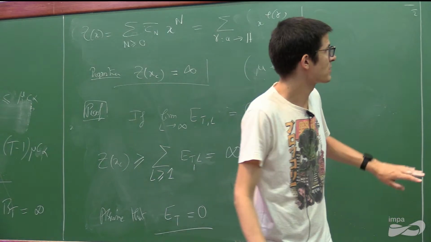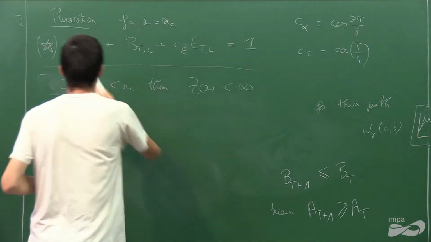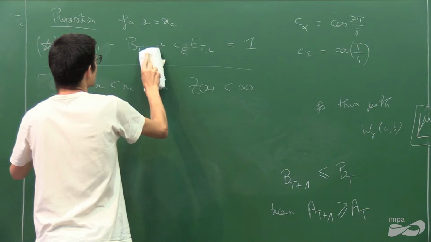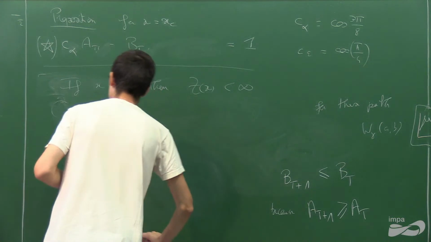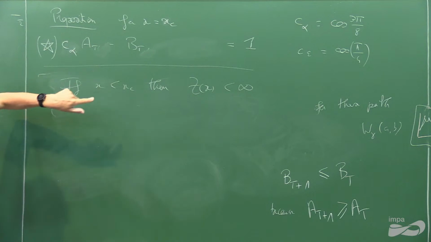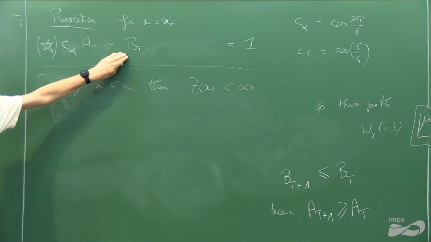Basically, we were using this identity, and a relation between AT and BT, in order to prove that BT cannot go to 0 too fast.